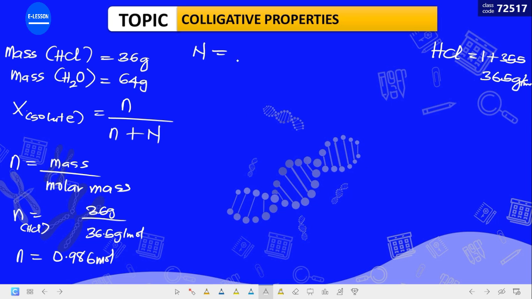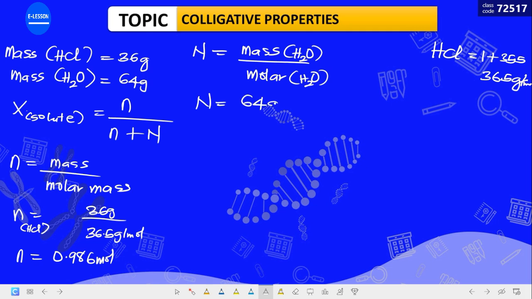Now let us calculate the number of moles of solvent. Number of moles of solvent is equal to the mass of the solvent all over the molar mass. Now the solvent in this case is H2O. So we have mass of H2O all over molar mass, and we said that the mass of H2O is 64 gram. The molar mass of H2O is 18 gram per mole. Why?